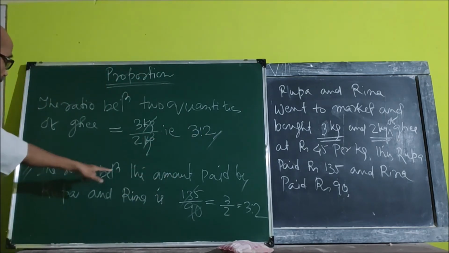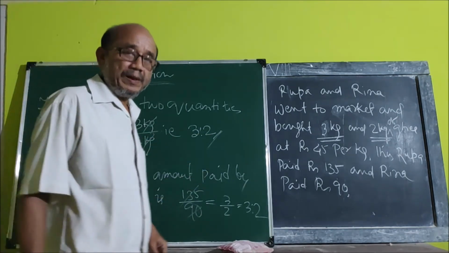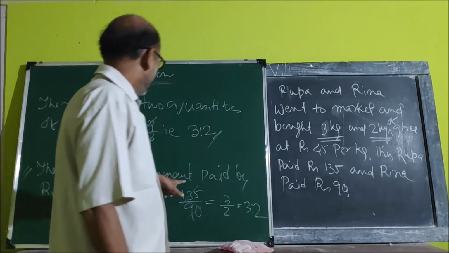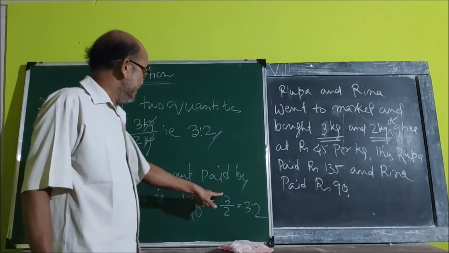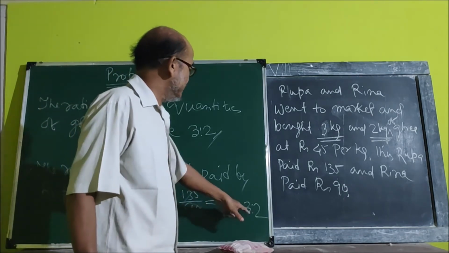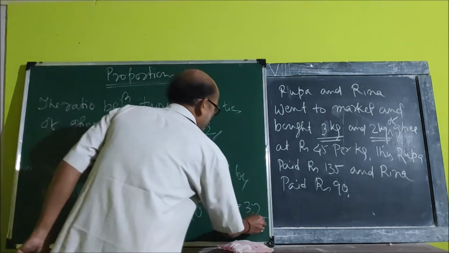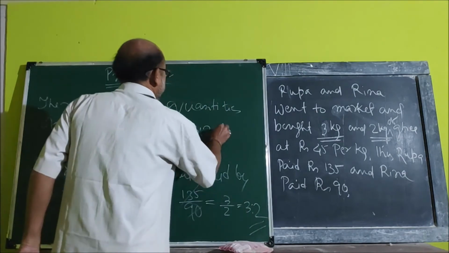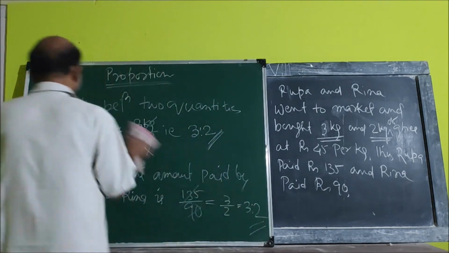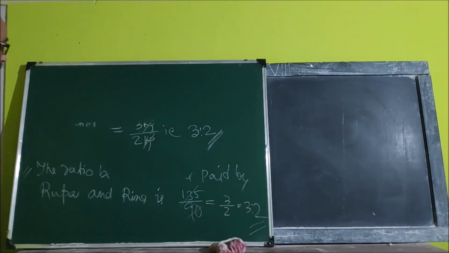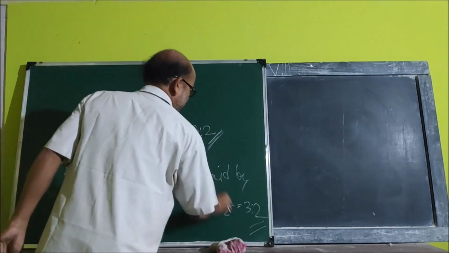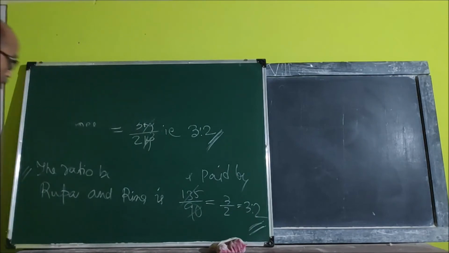And the ratio between the amount paid by Rupa and Rina is 135 by 90. Cancelling, 3 by 2, means 3 is to 2. Here you see, 3 is to 2 and 3 is to 2.